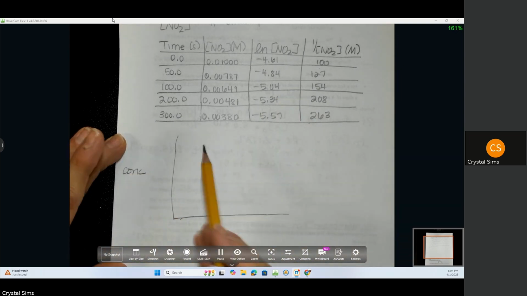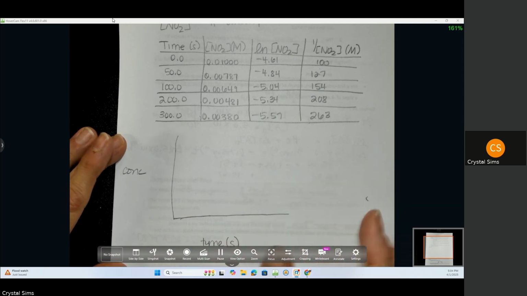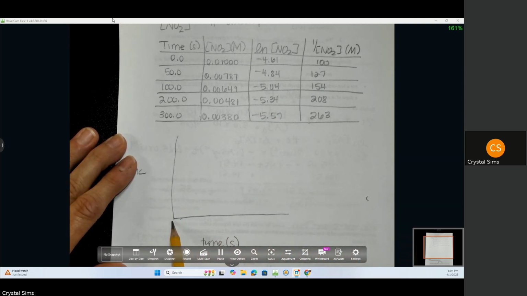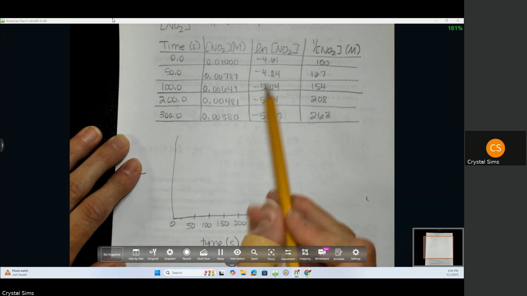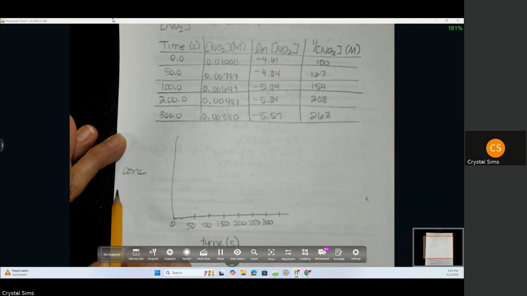So what's dealing with your concentration goes here. And then you're going to plot 0 as your time here, your starting time, initial time, and then make some equal hash marks here and plot those out. And then you're going to do the same thing for, and we'll just do this one here first.